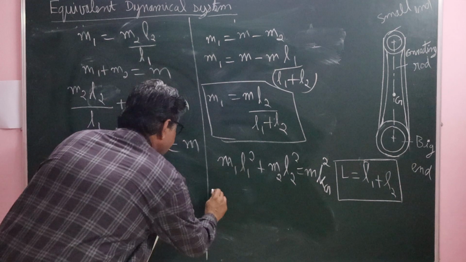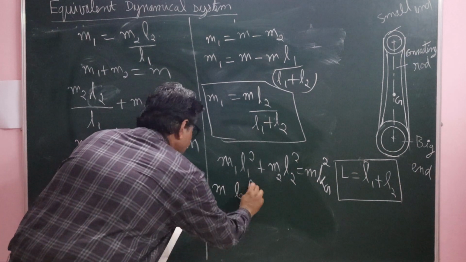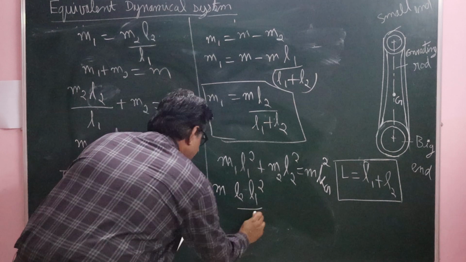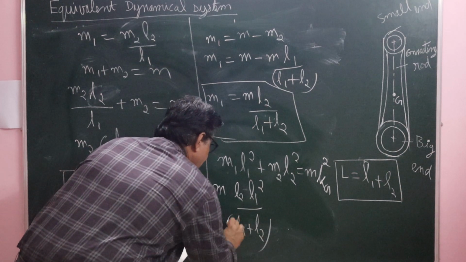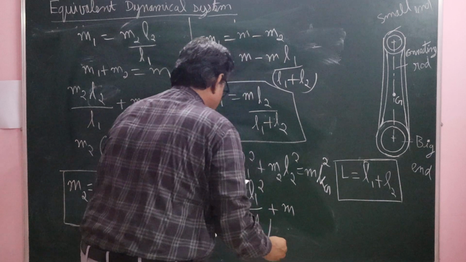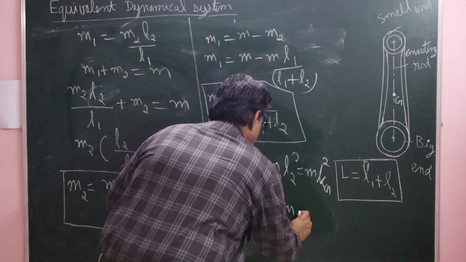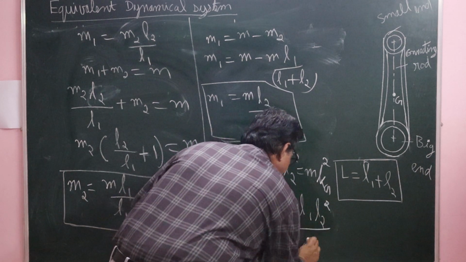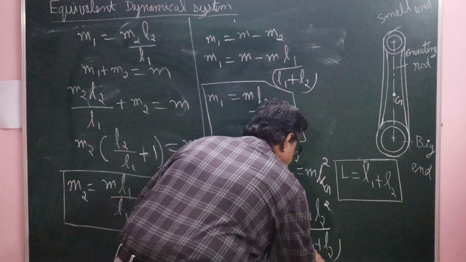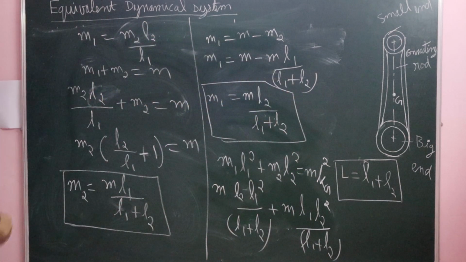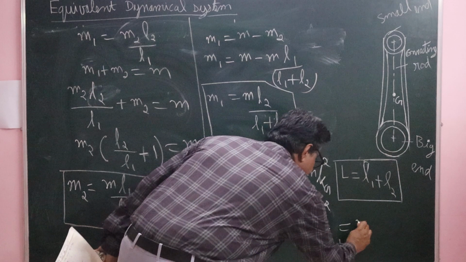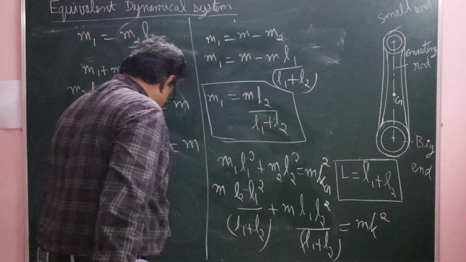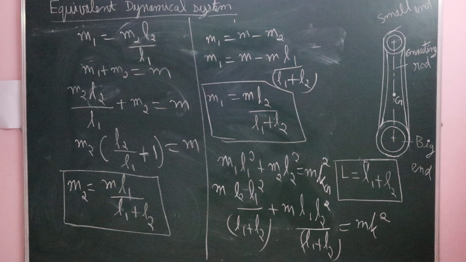It becomes m L2 L1 square divided by L1 plus L2 plus m L1 L2 square divided by L1 plus L2. So this is equal to m kg square.